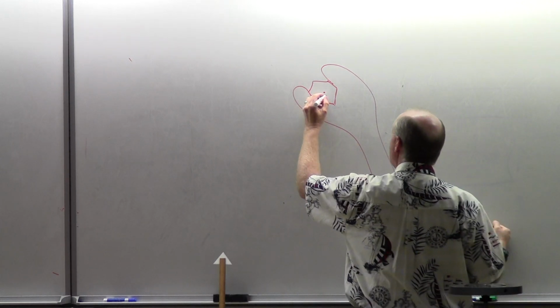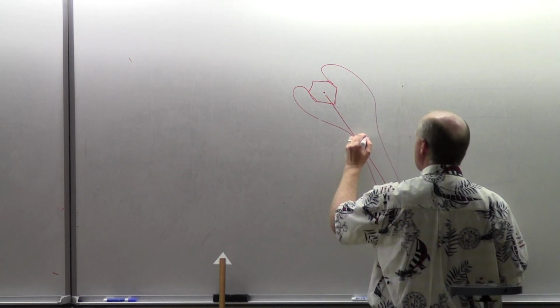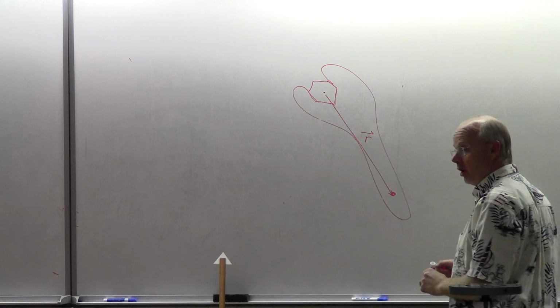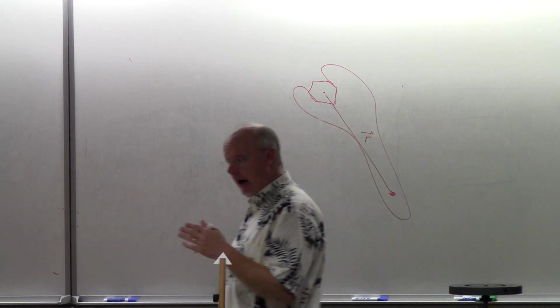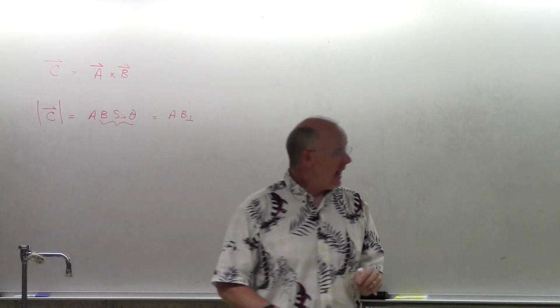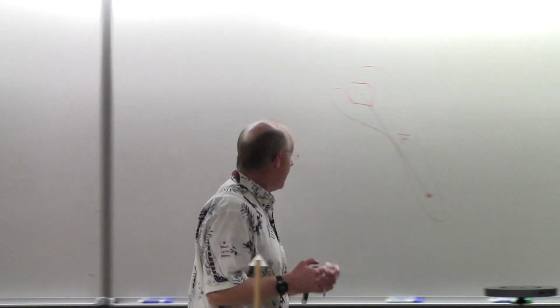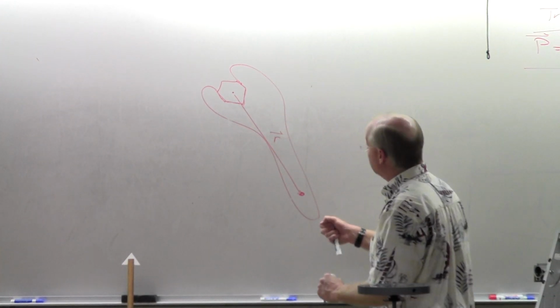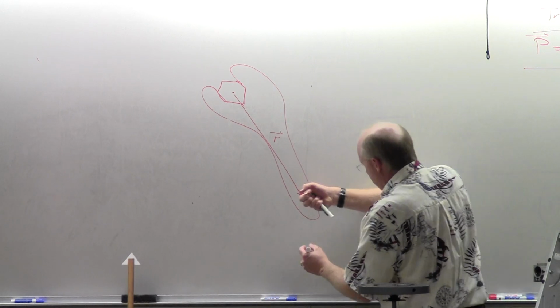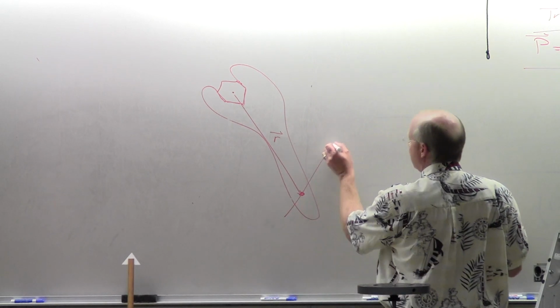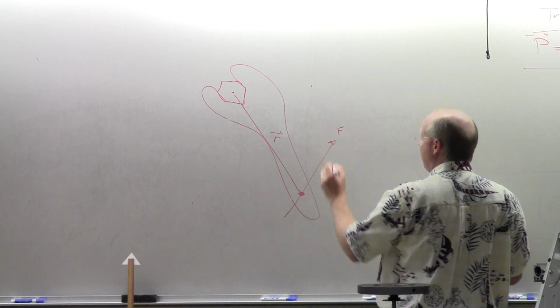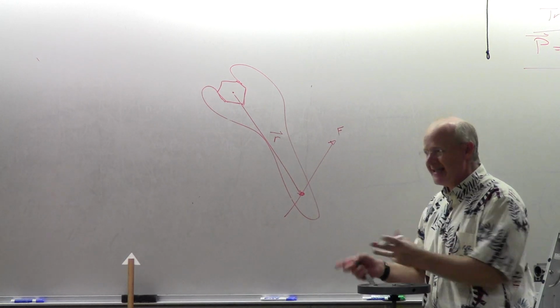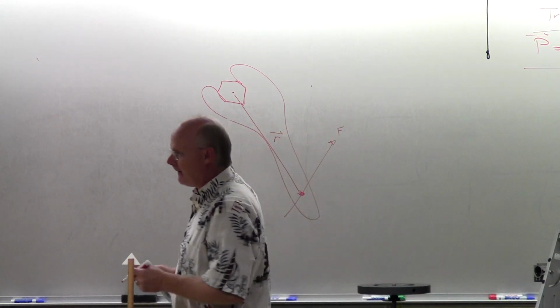And this is what I'm going to call R, the R vector: how far from the rotational point to where you applied that force. And then if I do apply a force, let's say I'm trying to loosen it, I might grab the wrench and pull it at some angle like this, F. Notice the force is not perpendicular to R.